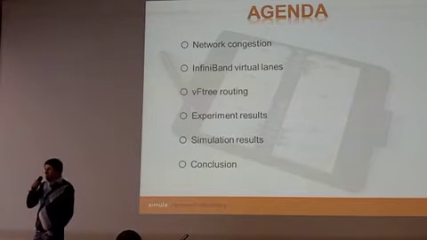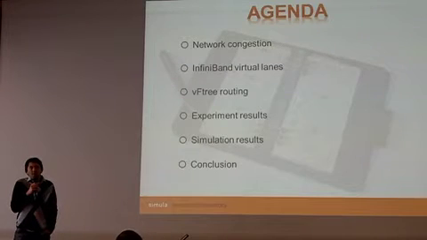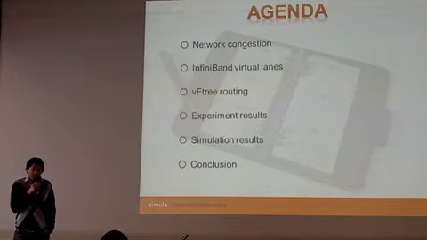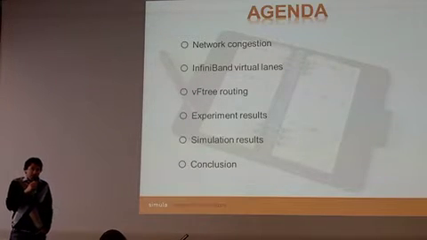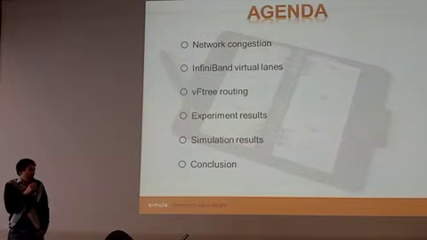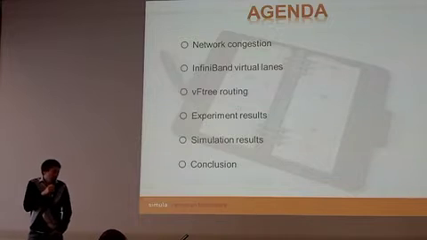So quickly, let me go through the agenda. First, I will go through the motivation for, or the reasons behind, network congestion, why it happens, and how it affects throughput negatively. It will be in part a repetition of what Professor Duato did this morning.